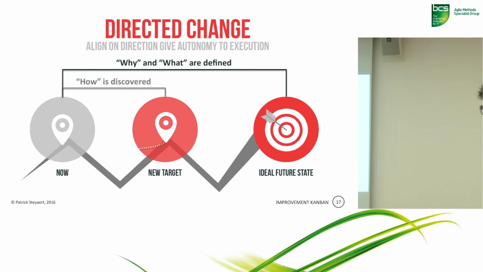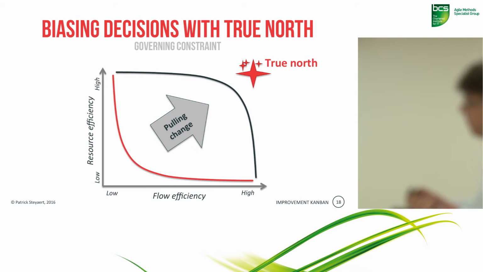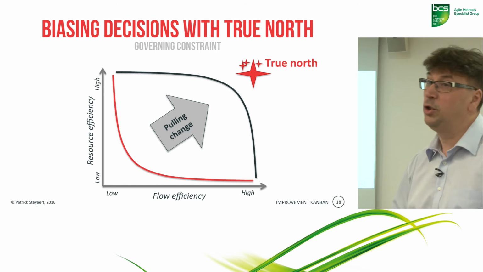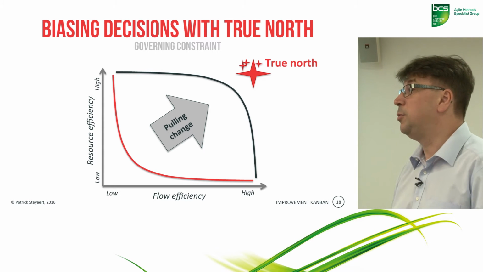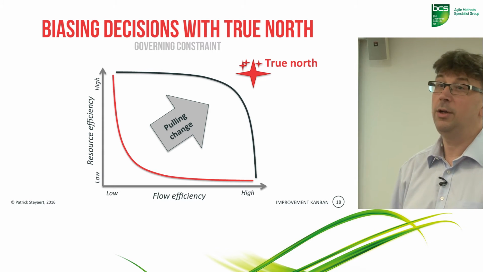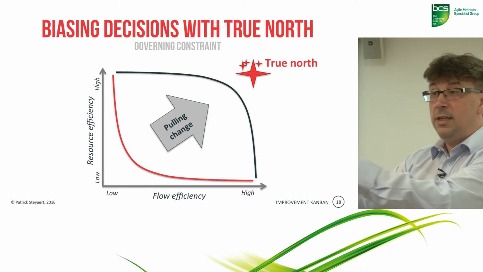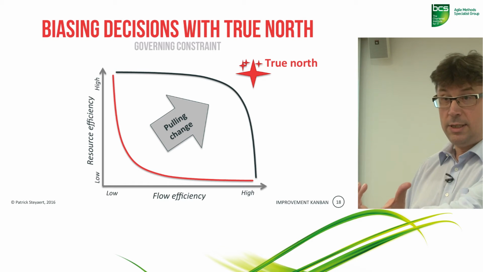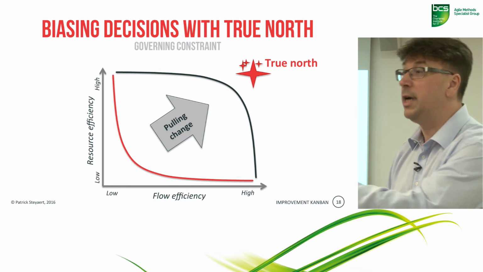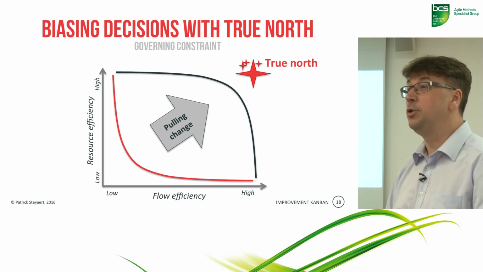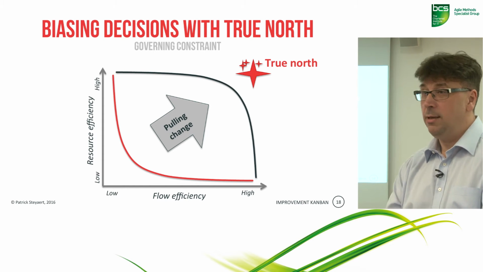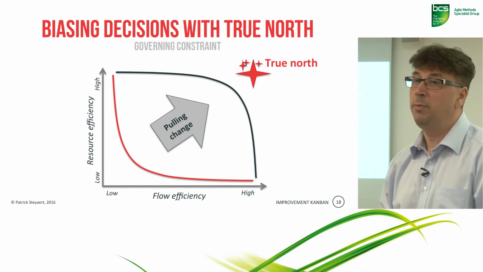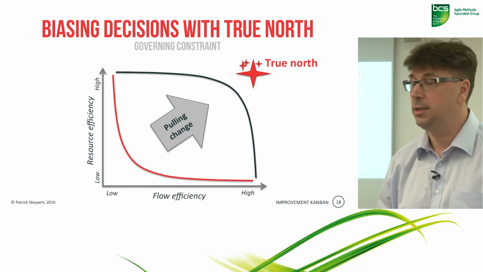Often, at least in the case of Toyota, that ideal future state is expressed as some kind of true north, a guiding star, and it helps bias the decisions of people in a certain direction. It's not over-constraining; it's more of a guidance, a direction that you offer to people to bias their decisions.